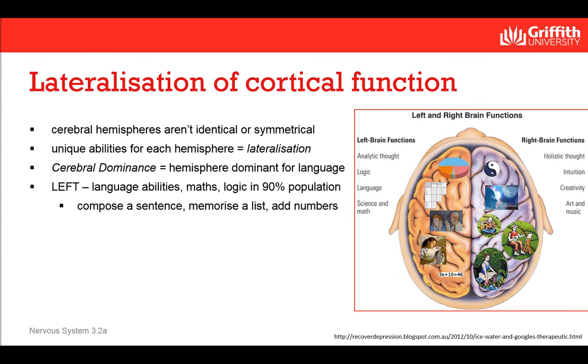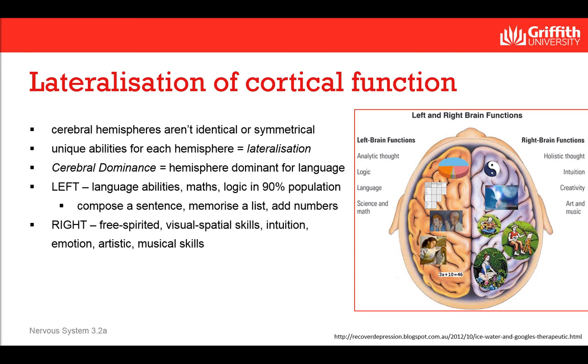The left hemisphere controls language function, maths, and logic. These abilities help us to compose a sentence, memorize a list of activities, and add a series of numbers. The right hemisphere, instead, controls visual spatial skills, intuition, emotion, and artistic and musical skills.